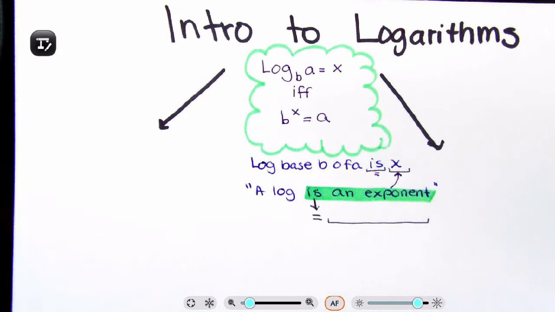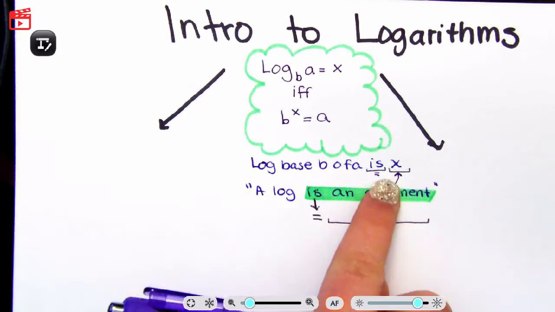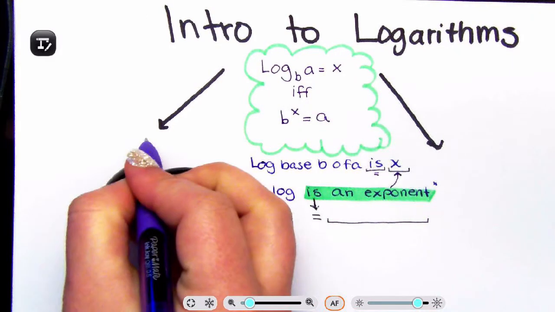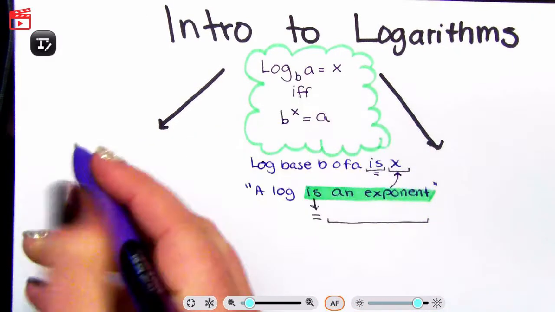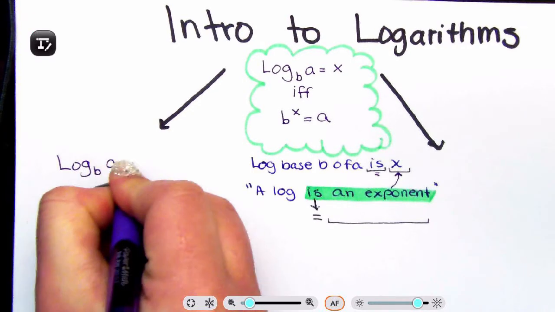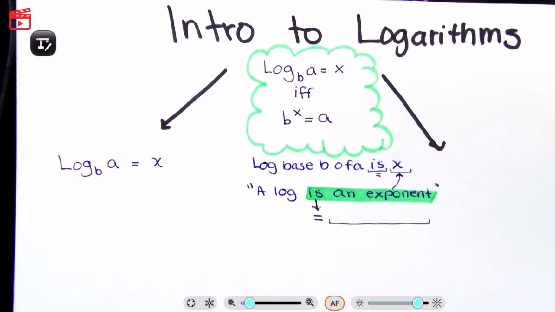So a log of base b of a is x. Let's do that one more time. I'm going to take this equation here. Log base b of a is equal to x. So how does that work? If we are given a log, how do we rewrite that into an exponent?